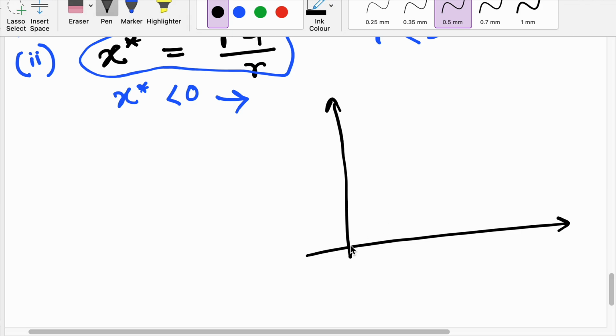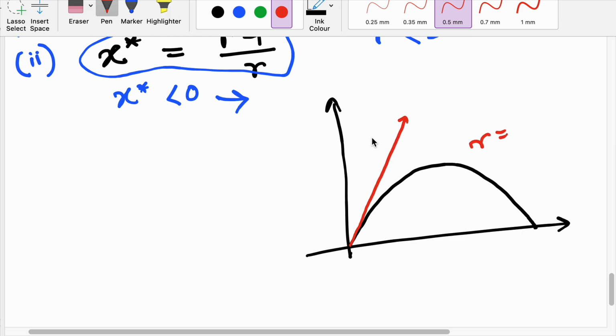suppose this is the identity line, and suppose this is r equal to, this is not the identity line, let's see.